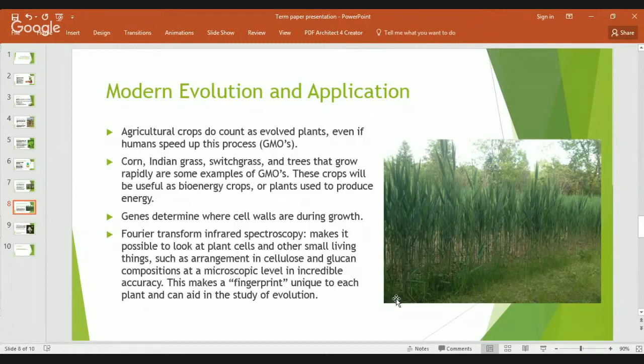Crops like corn and lots of different grasses, well, corn is a grass, and some trees are selected GMOs, and they're used for a lot of different purposes, such as crops to produce energy, such as corn for ethanol. With these GMOs, the genes determine where the cell walls are going to be during growth, and that can also help track the evolutionary changes.